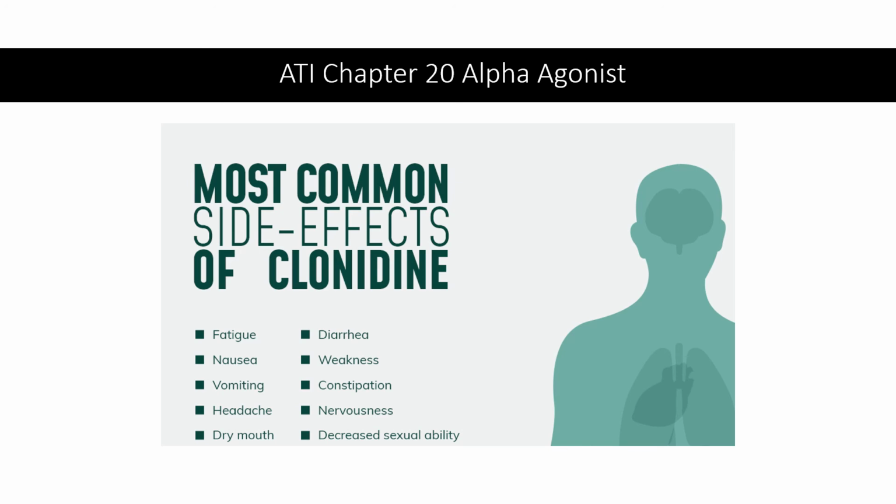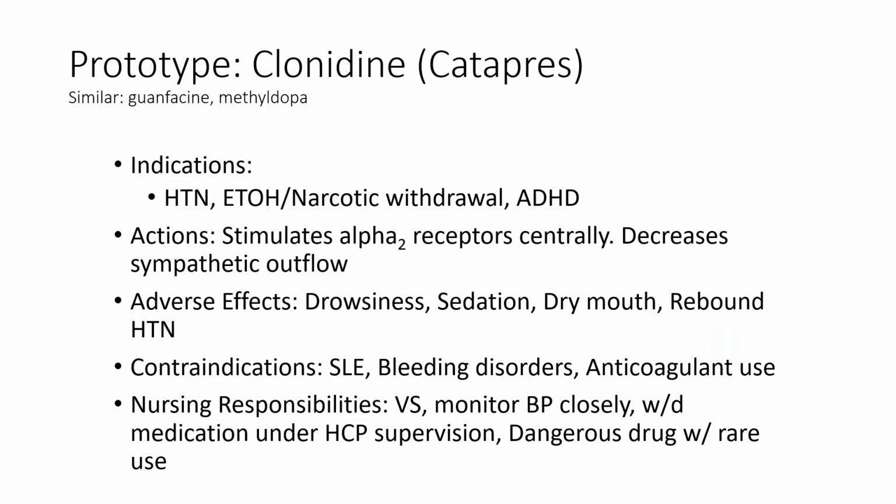But they're really the only two alpha 2 agonists out there. And again, very old medications. So let's look at clonidine, and the other one I mentioned is methyldopa, and they were both marketed many years ago, before most of us were born, as blood pressure pills.